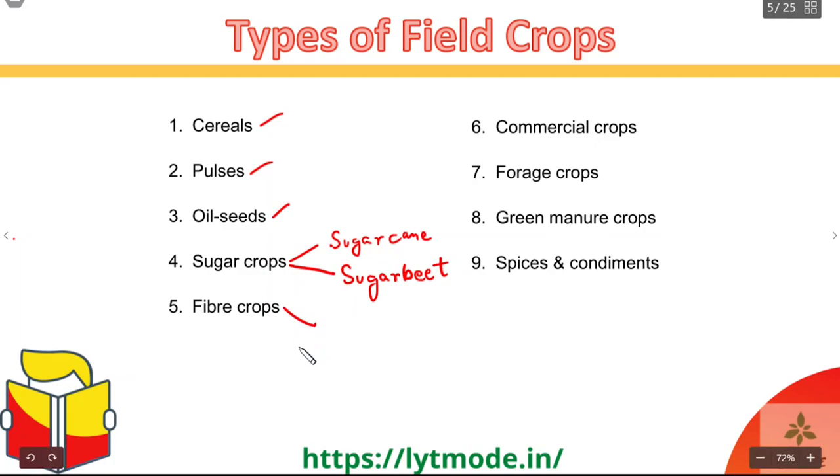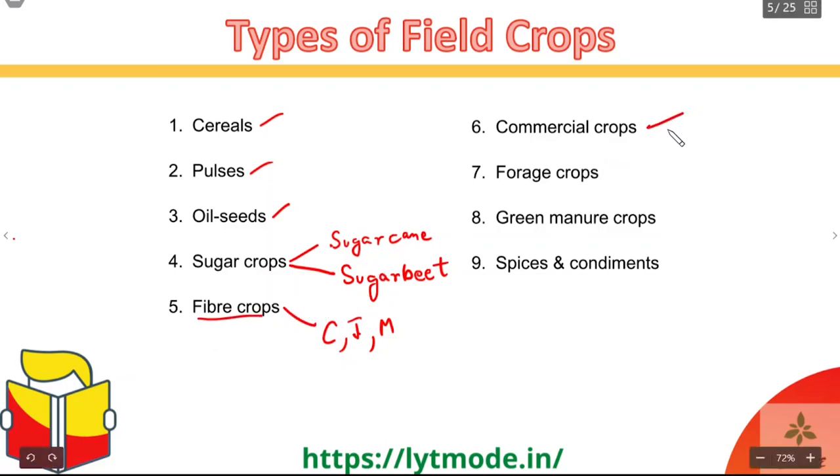Then there are the fiber crops which are used to make fiber which is made into cloth, and your clothes and all of those things are made out of those fibers. So fiber crops like cotton and jute, and then mesta, all of these come under the fiber crops. Okay, so these can also be used to make ropes, they can be used to make gunny bags and all of these. So fiber crops are again a different category.